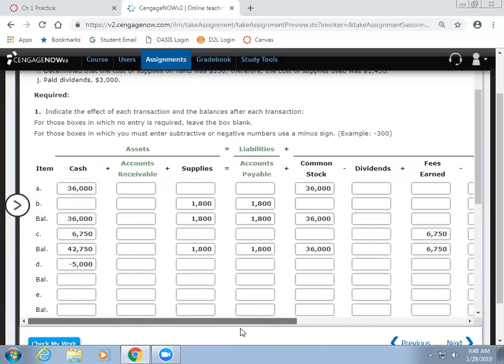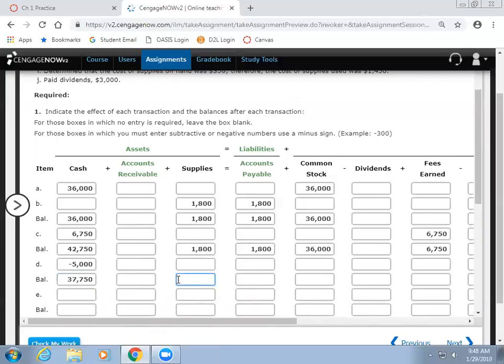So now I just need to balance everything. What's my new cash balance? How much do I have in cash right now? 37,750. Very good. We just subtract. So 42,750 minus 5,000. So 37,750 in cash.